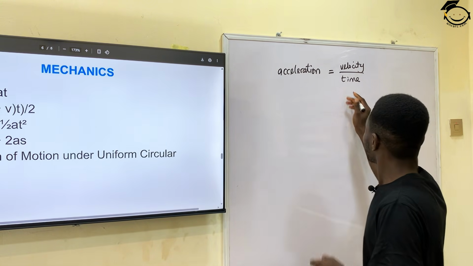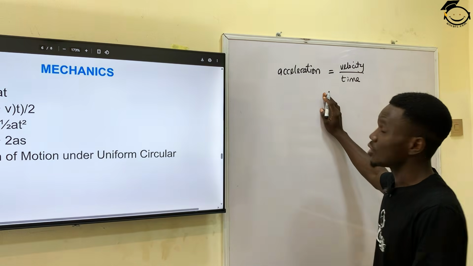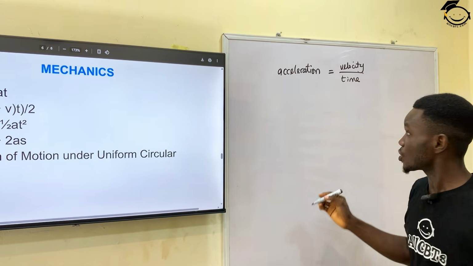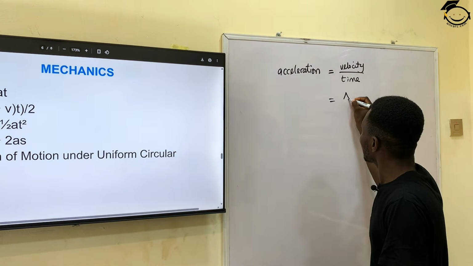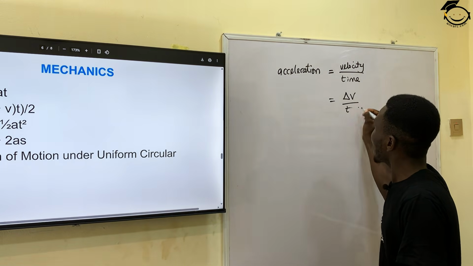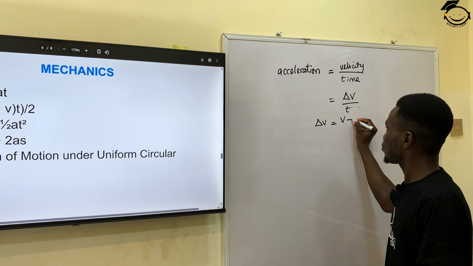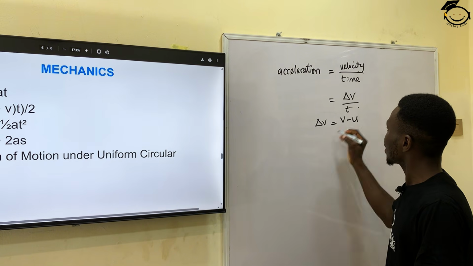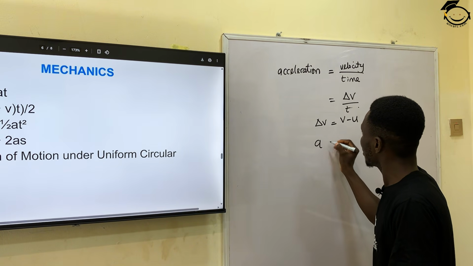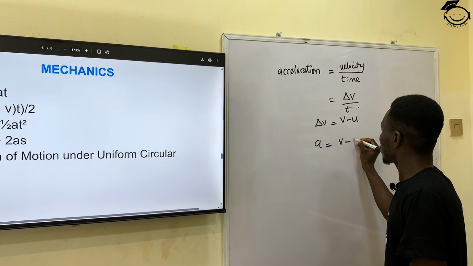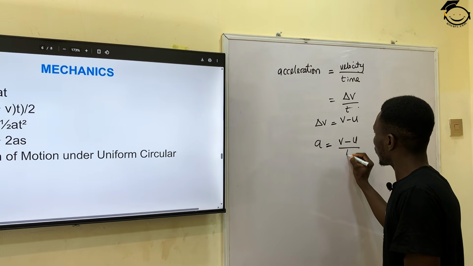So if my acceleration is simply change in velocity over time, or the rate of change of velocity, which means I have change in velocity over time. And since my change in velocity is equal to final velocity minus initial velocity, automatically it means that my acceleration a is equal to final velocity minus initial velocity all over time.